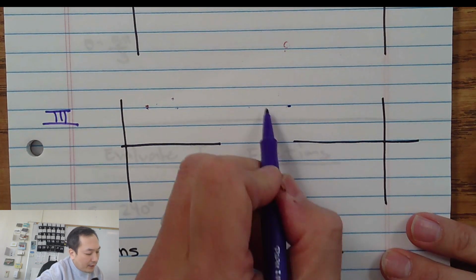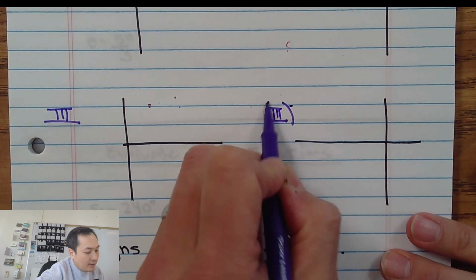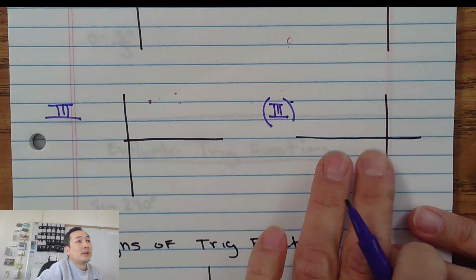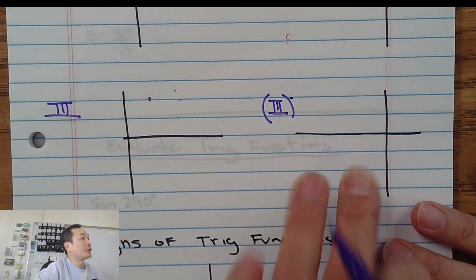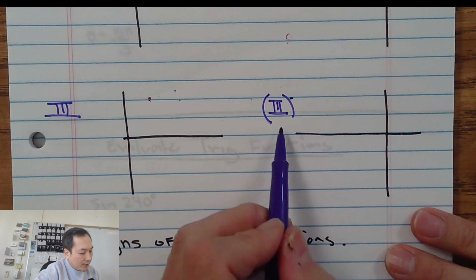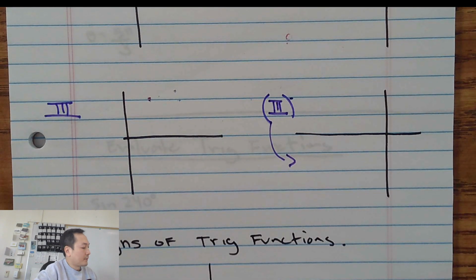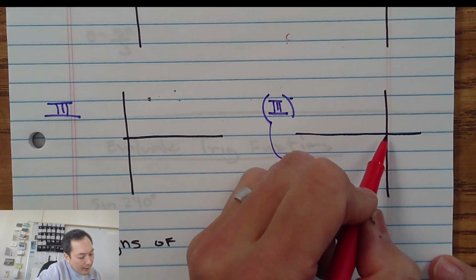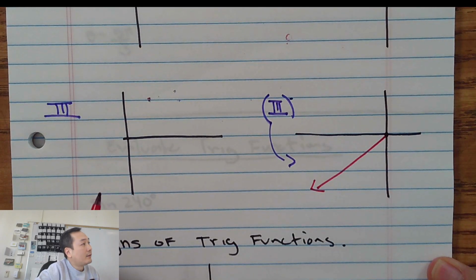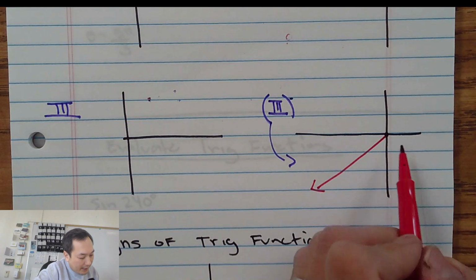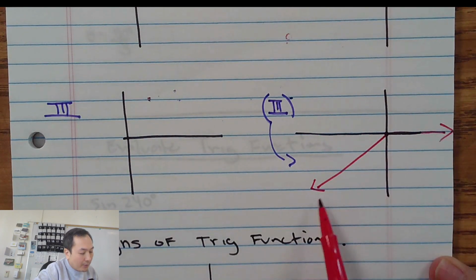Let's move on to my third here. My third quadrant, which is this quadrant here. That reference angle, this is going to be my terminal side again, and this is my initial side. That's my terminal side.